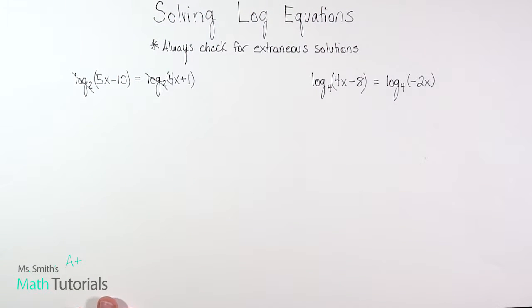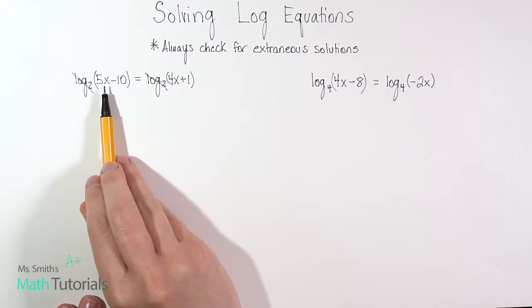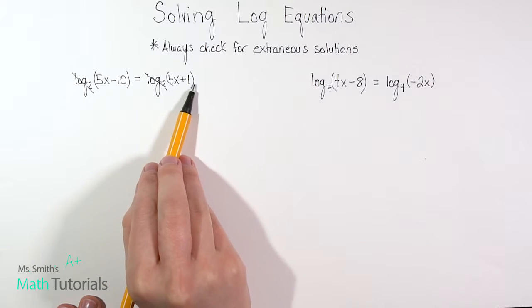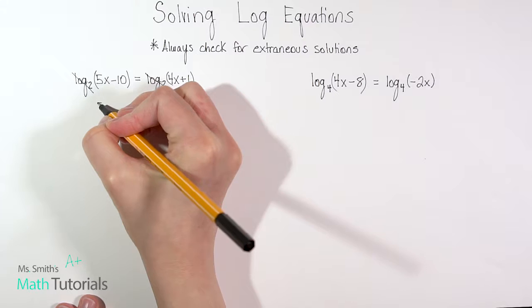It's kind of like they get canceled out because we've got them on both sides. Once we cancel those like log bases out, all we have left is 5x minus 10 equals 4x plus 1. So let's rewrite that.